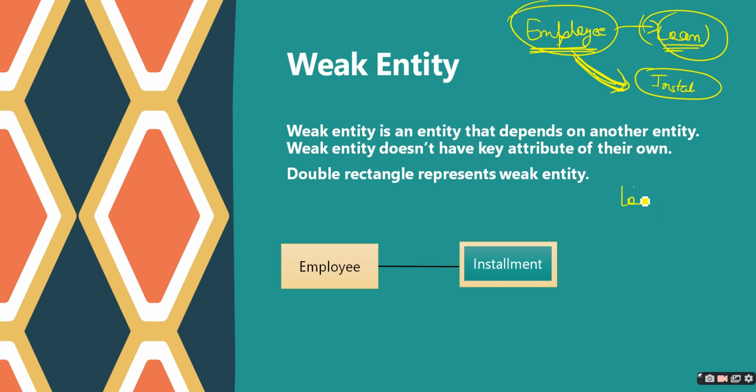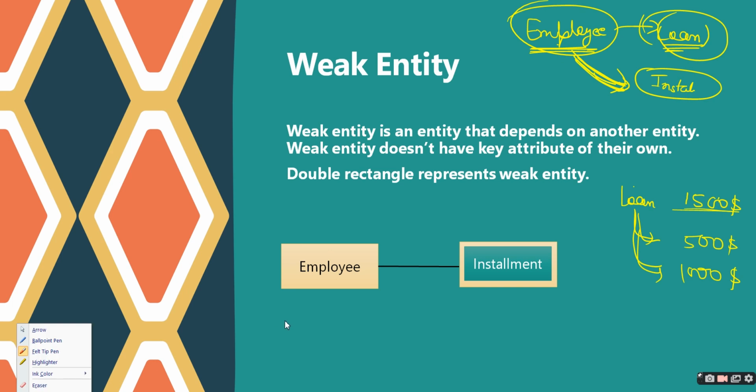Let's say I take a loan amount of $1,500, and now I need to pay this via installment. So I pay this $1,500 in installments, let's say $500 at a time, and so on. This way I am going to pay my installment, right? So if I take this loan, only then am I going to pay this installment.